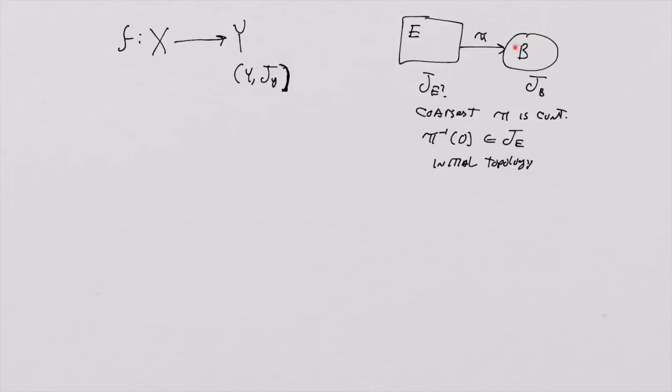It turns out we're just going to take every open set of B, take its pre-image, and throw that in the topology of E. And it turns out that if you do that, and you can look this up, if you examine how this works, that does form a topology. The intersections and unions of sets here are appropriately intersections and unions here under this topology.